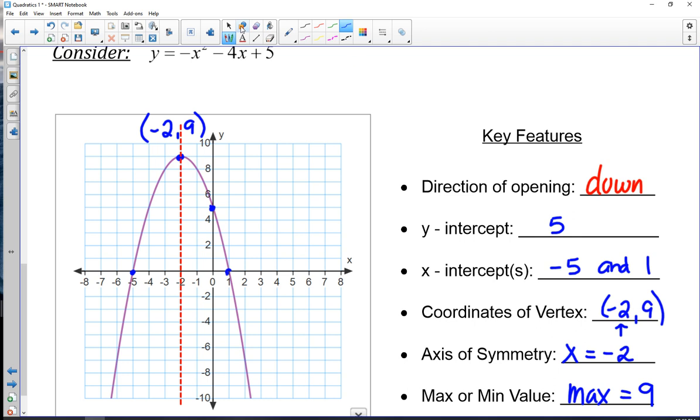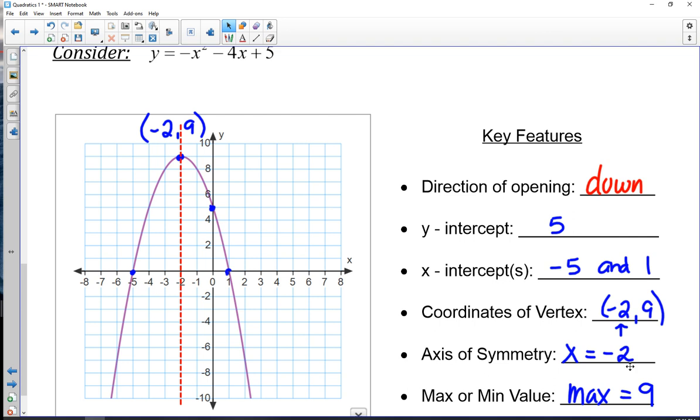So when we talk about key features of a parabola, these are the kinds of things that we're talking about: the direction of opening, the y-intercept, the x-intercepts, or possibly the x-intercept, because parabolas can have only one. The vertex of the parabola, where the parabola changes from decreasing to increasing, or in this situation, from increasing to decreasing.